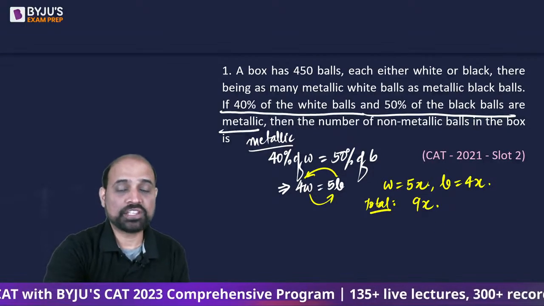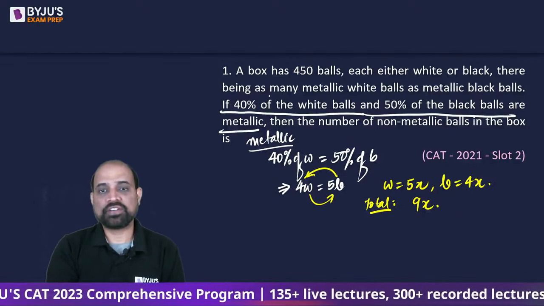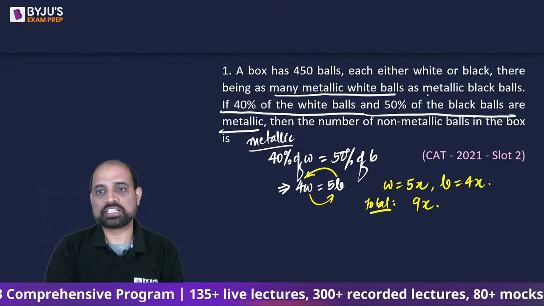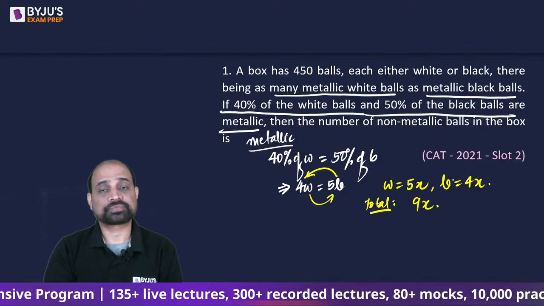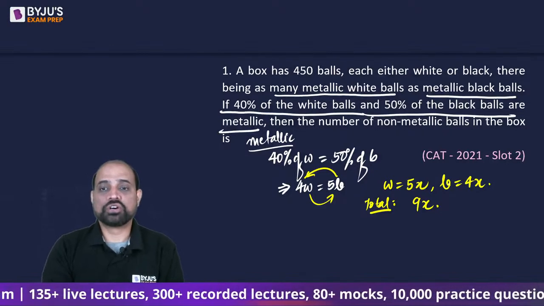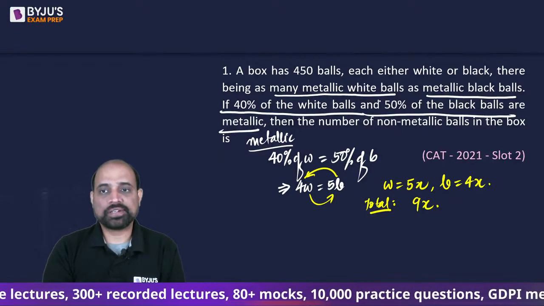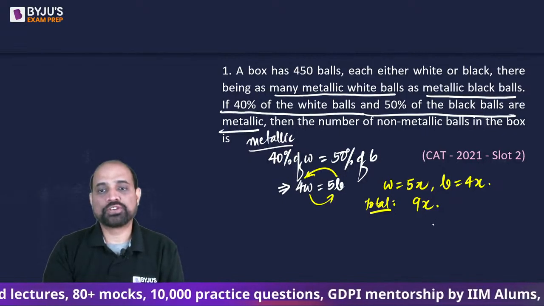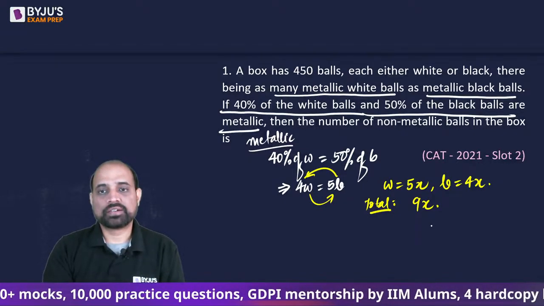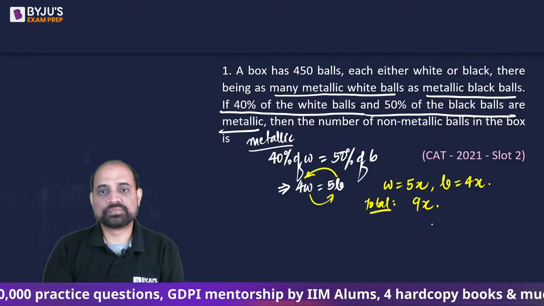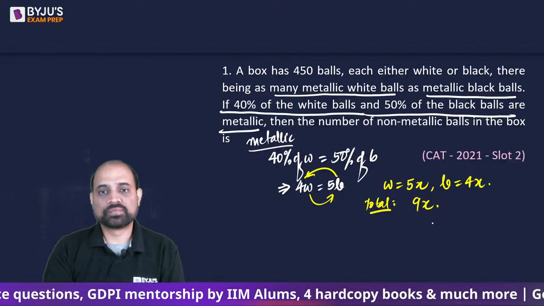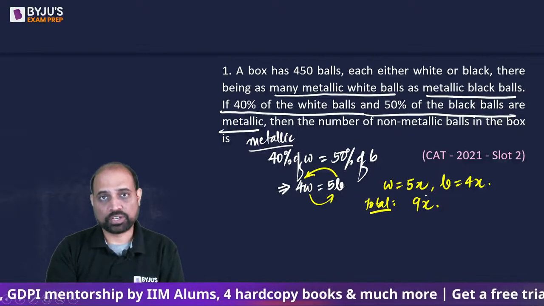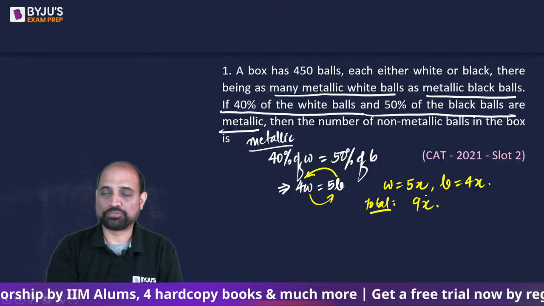And it is given in the question that we have as many metallic white balls as metallic black balls, right? What value shall we take? It's not necessarily going to be a part of 450.